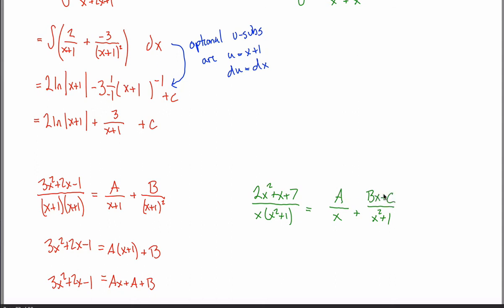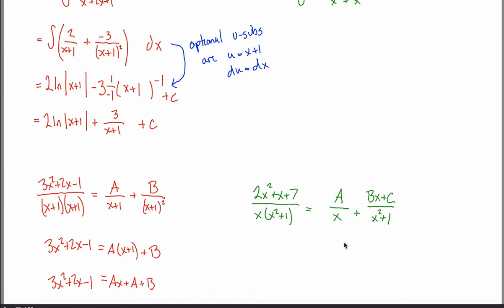So instead of just a constant, we need a linear factor when we have an irreducible quadratic. If you ever have x squareds in your denominator and you can't factor any further, it only works if these are irreducible. All you do is instead of writing a b up top, you write bx plus c. Just remember that, bx plus c, or whatever letters you haven't already used.